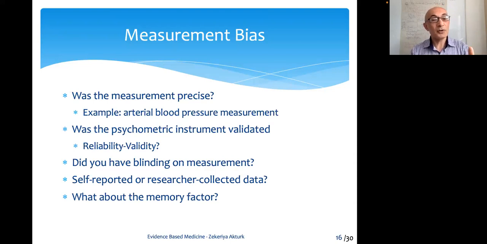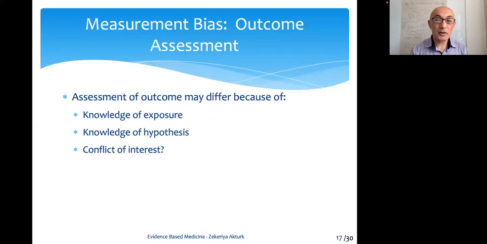So self-reported, it might be a laboratory measurement or even a questionnaire, and researcher-collected data might also be different. Surely, also memory factor always should be taken into consideration in measurement.